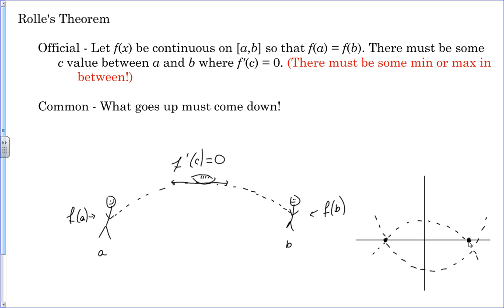That was supposed to go through here. Regardless which way you go, somewhere you're going to have f prime of c equaling 0. So there must be a min or max somewhere in between A and B, is what Rolle's theorem says. That's all it says.